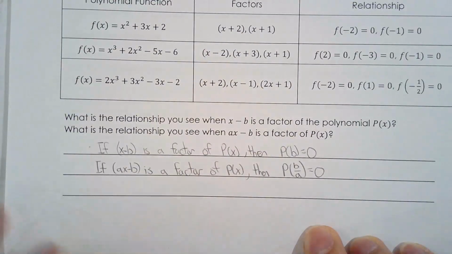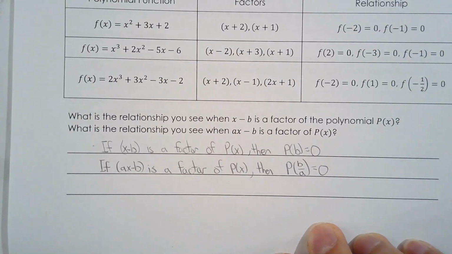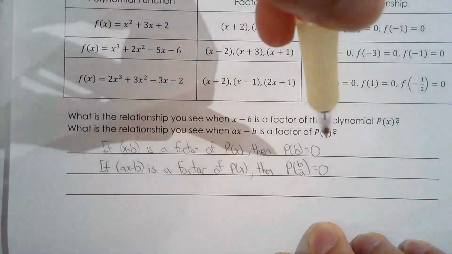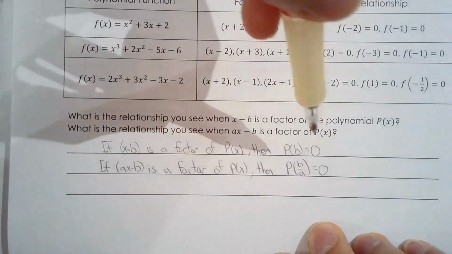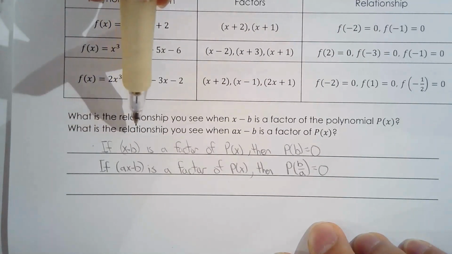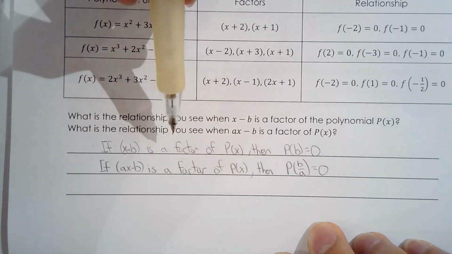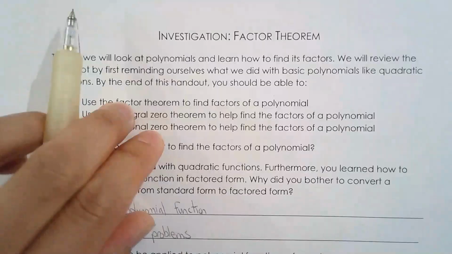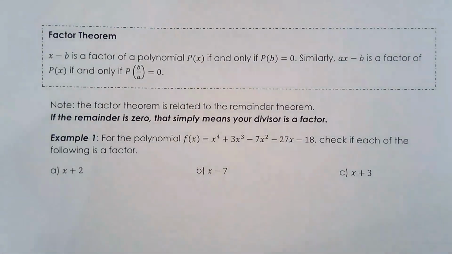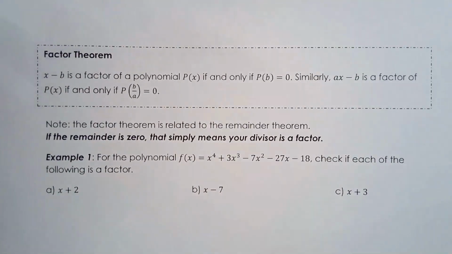So this is actually a special scenario regarding the remainder theorem. If the remainder happens to be 0, it tells you something special about your divisor: your divisor is a factor. We gave it an extra name, the factor theorem.